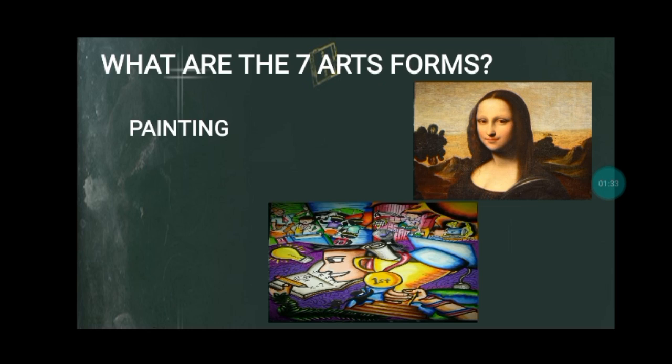So, what are the seven forms of art? First is painting. Painting is the expression of ideas and emotions with the creation of certain aesthetic qualities in a two-dimensional visual language.